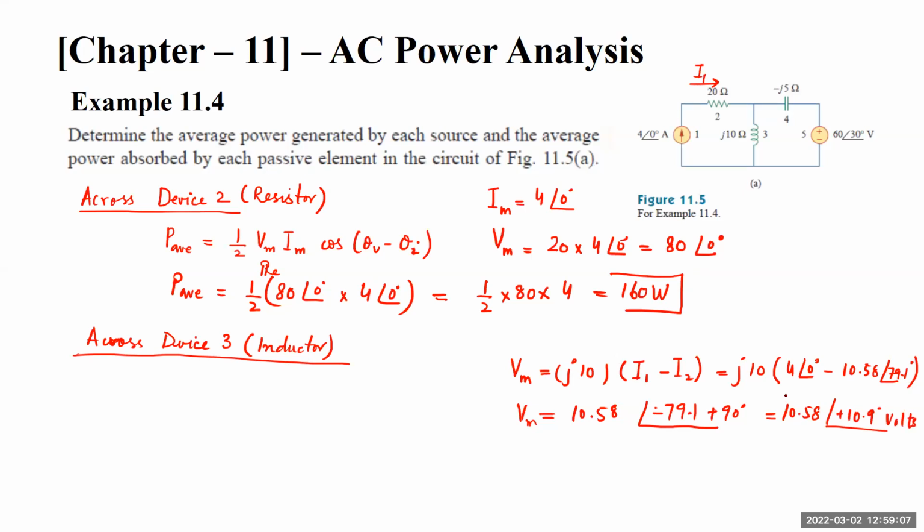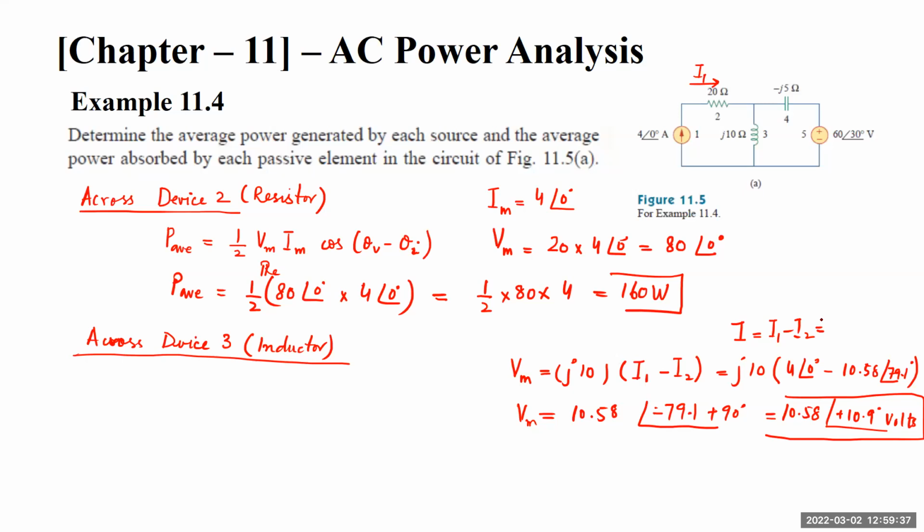So this is the voltage that is appearing across this, and the effective current I is I1 minus I2. If we have to find out the effective current, it is 4 minus 10.58 angle of 79.1.